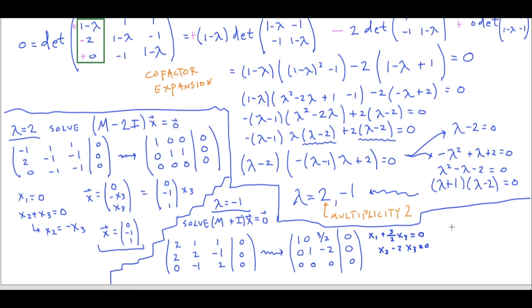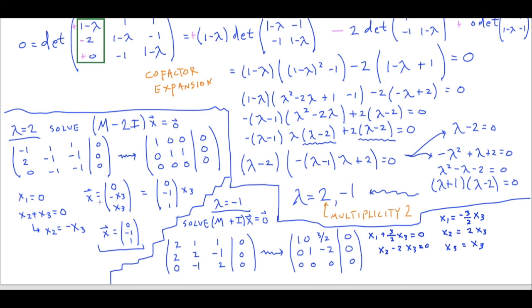And it's not hard to rework these such that x1 can be rewritten in terms of x3, x2 can be written in terms of x3, and x3 can also be written in terms of x3 by simply saying that x3 is equal to itself.